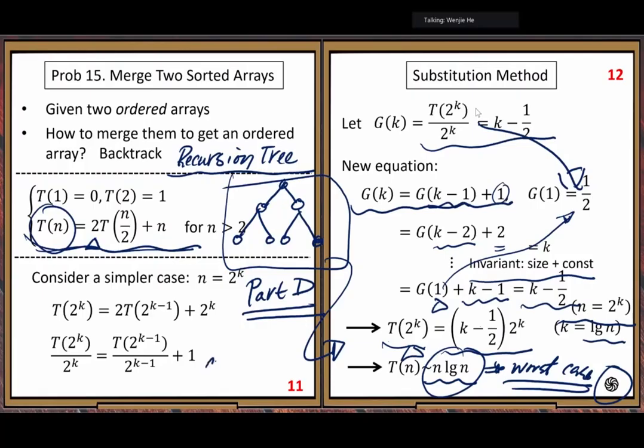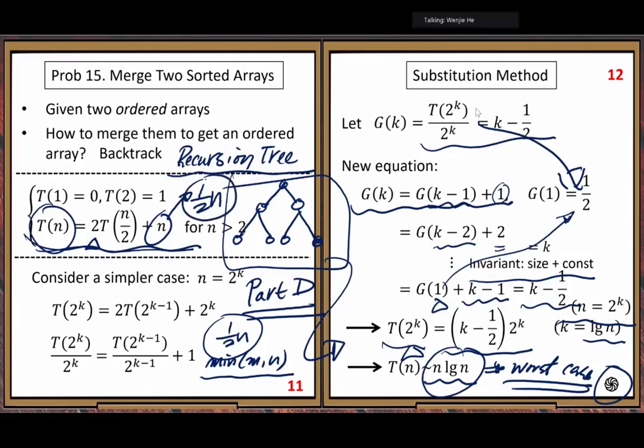Best case formula, the minimum of n and n, but remember we do an even split. So the sizes of the two subarrays are the same, but that size is 1/2 of n, right? That means for the best case, we just replace this n by 1/2 of n.